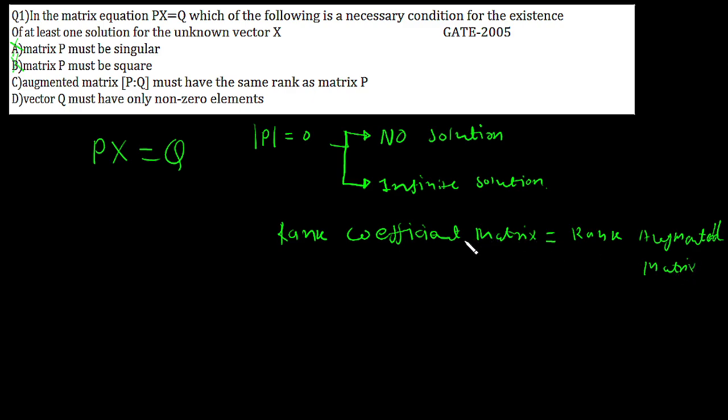If this condition holds, then we get the solution. So option C describes the correct statement about the necessary condition for at least one solution.